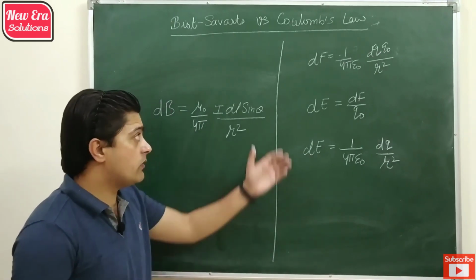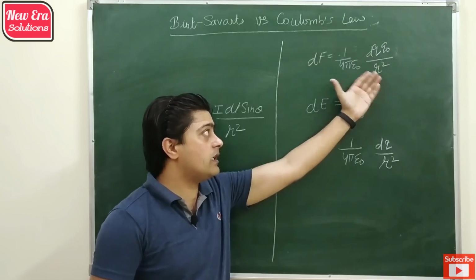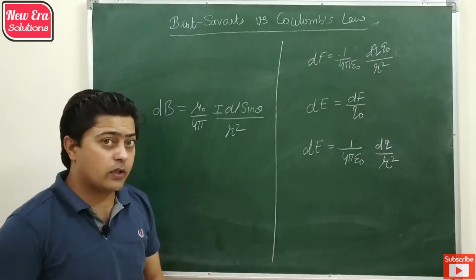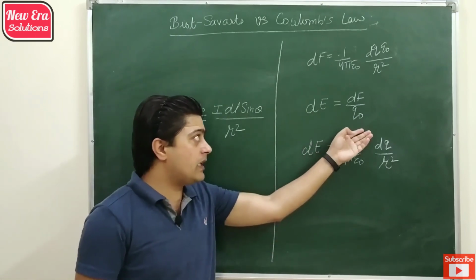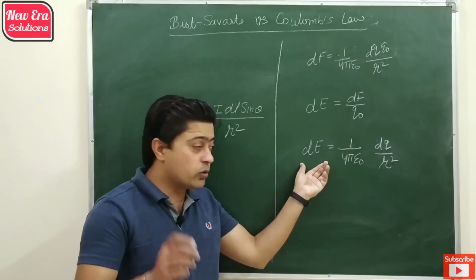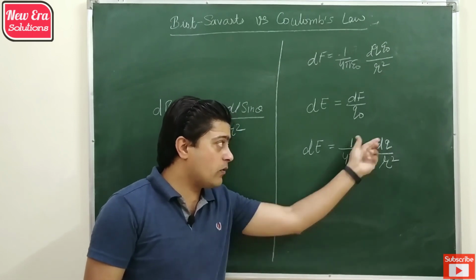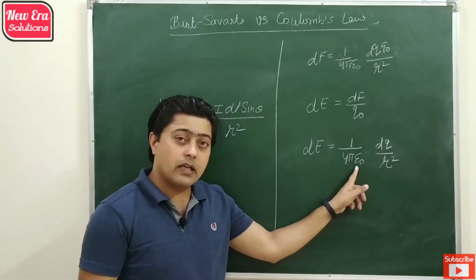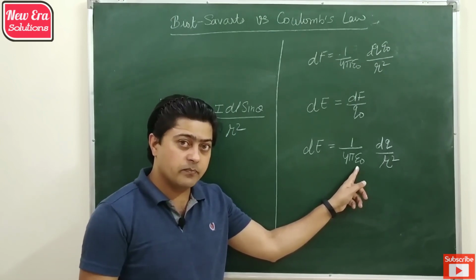According to Coulomb's law, the force between two charges is directly proportional to the product of the charges and inversely proportional to the square of the separation. And the electric field is force per unit test charge. So the electric field due to a small charge is 1 upon 4 pi epsilon naught by r square, where epsilon naught represents the permittivity of free space.